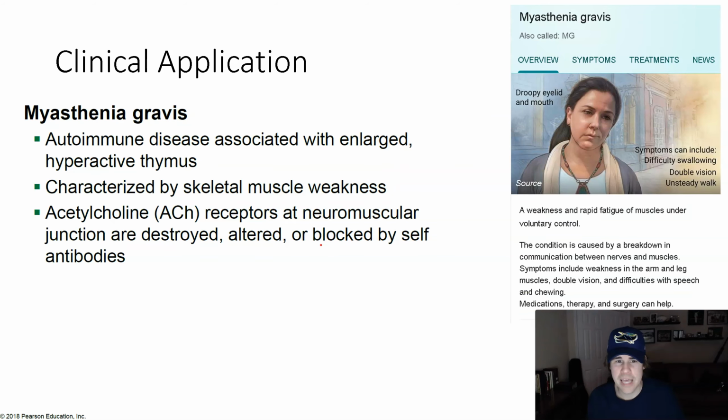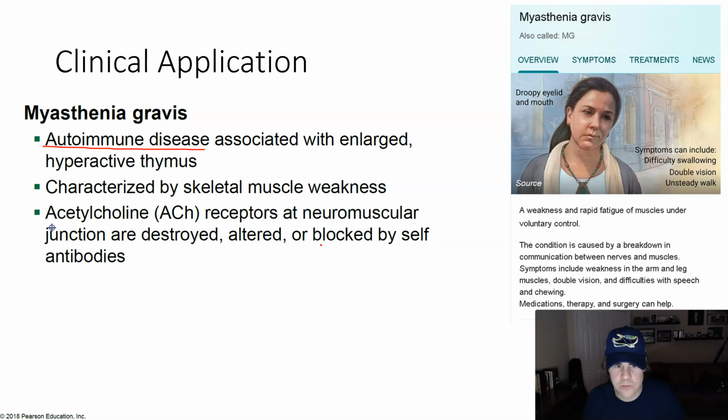Here's a clinical application. I know we already talked about this when we talked about the muscular system, but myasthenia gravis. Autoimmune, which means the immune system is attacking your own body. I know someone who has an autoimmune disorder, actually multiple people, and it's like the body's attacking itself, which is really kind of crazy to think about, but that does happen sometimes.